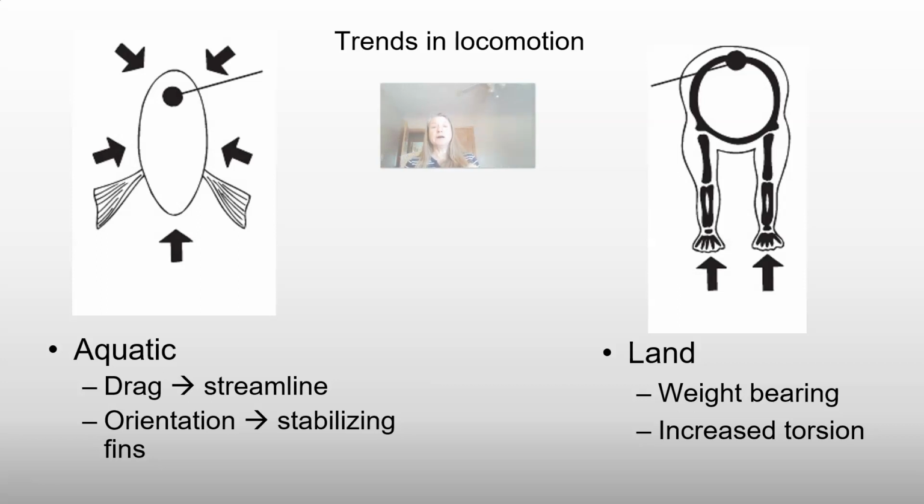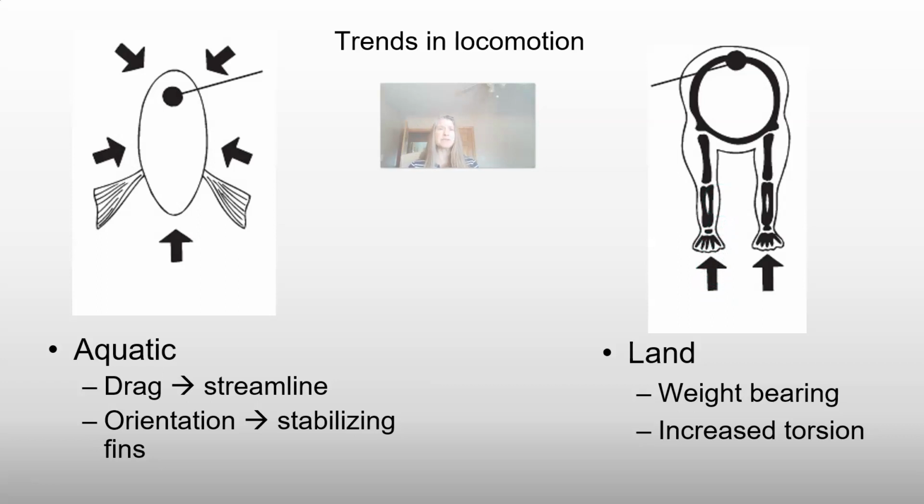But when we move on to land, now we have issues with weight bearing. And here we have, basically, force is equal and opposite reaction, right? So as we're standing, our weight, our gravity is going down into the ground, and we have the equal and opposite forces coming up through our limbs.